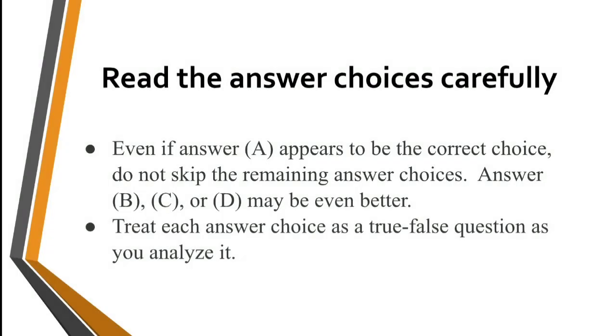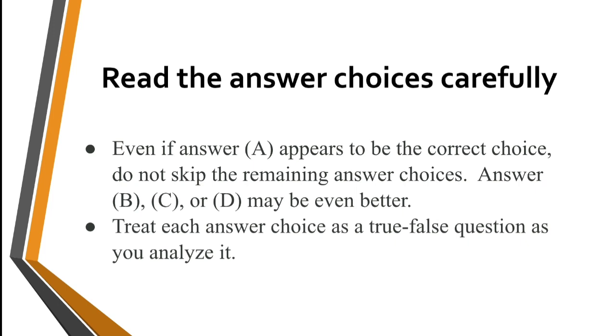So in addition to reading the question carefully, you want to ensure that you read the answer choices carefully as well. So even if option A appears to be the correct choice, do not skip the remaining answer choices. Answers B, C, or D may be even better. Remember we spoke earlier about distractors.